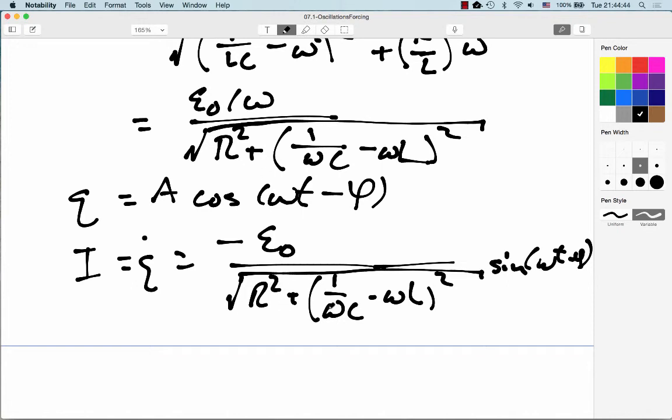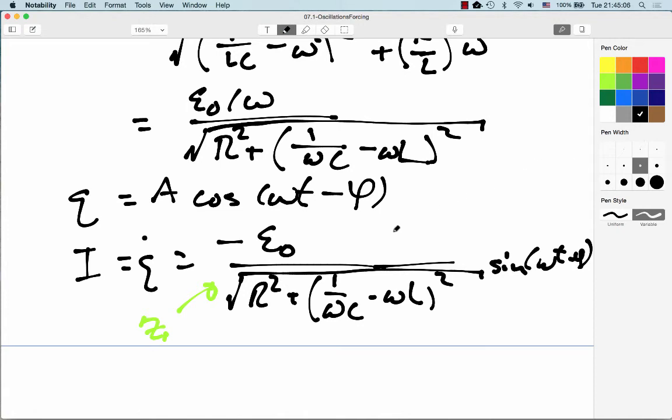Okay, so this is R squared. That's Xc minus Xl. Square it. So we identify the thing in the denominator as the impedance. So, okay, that's working out like we expected.